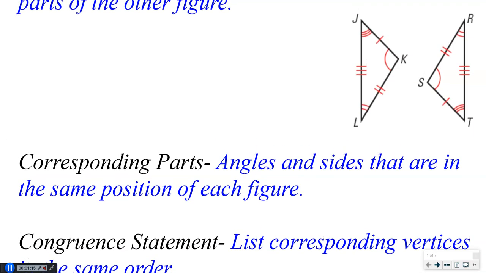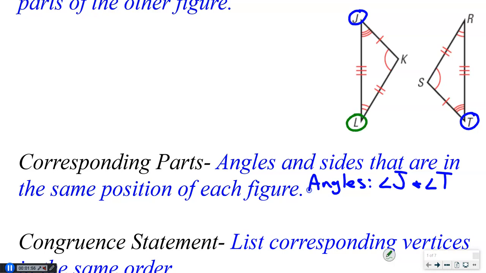And we're going to list those here. So give yourself a little bit of room to list these in your definition box or in the box on the left as well. If we look at our angles, what angles correspond with one another? If we look at angle J, it corresponds with angle T. See, both of those have the 3 arc marks showing that they're congruent.